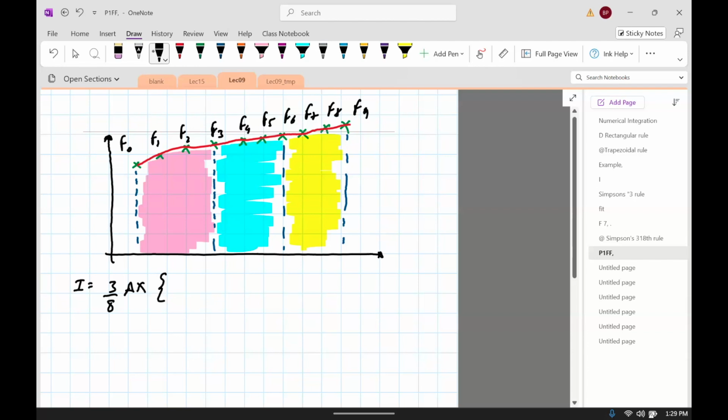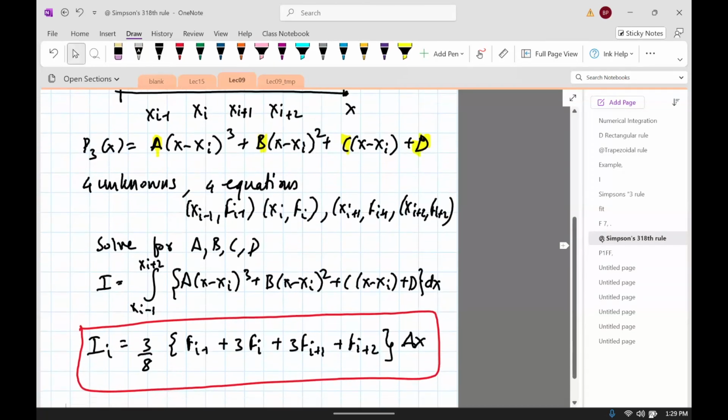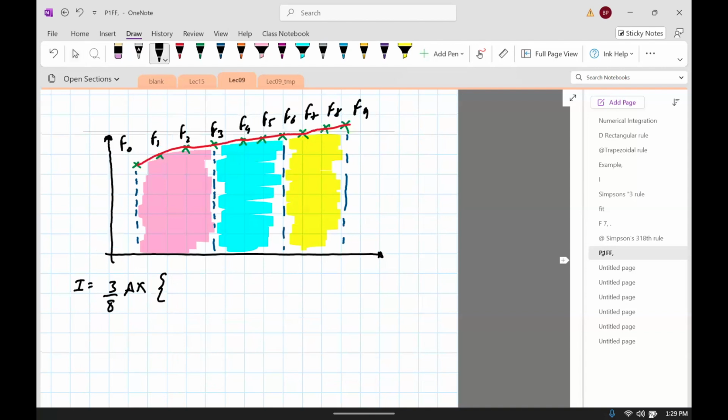Okay, so I'll do the 3/8 rule now. So remember how the points look. It's f0, plus 3 times the second term, 3 times the third term, plus 1 times the fourth term. So f0 plus 3 times f1 plus 3 times f2 plus f3. Then we have f3.